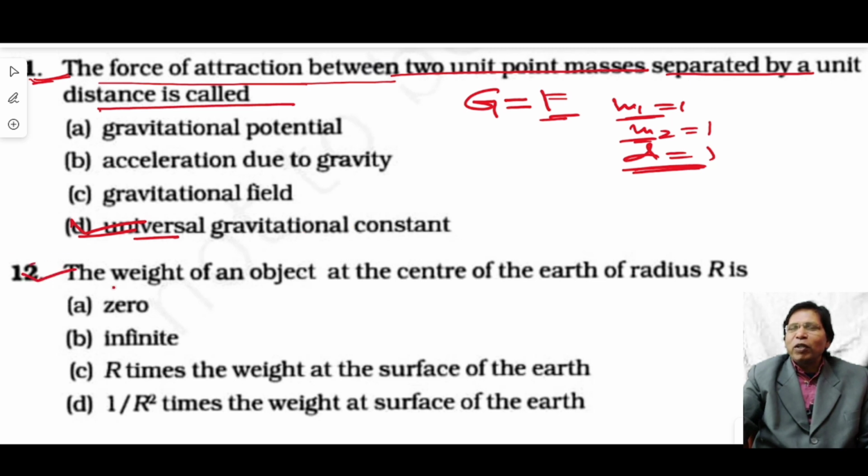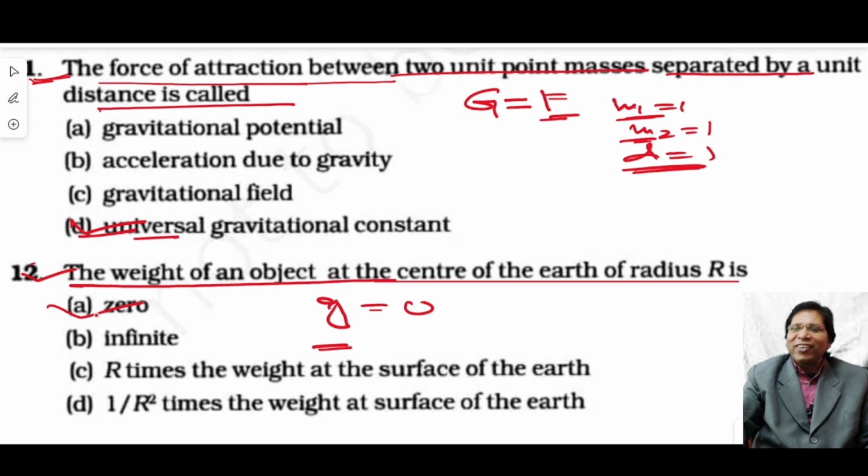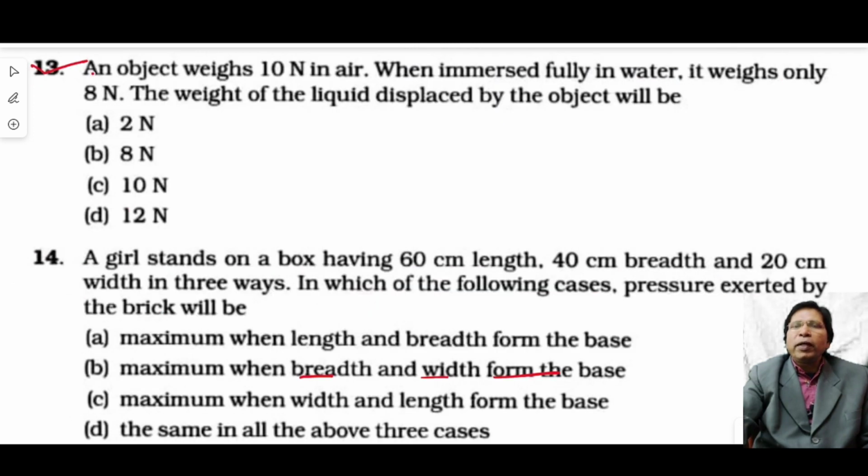Now question number 12. The weight of an object at the center of the earth of radius r is, look at this, the acceleration due to gravity at the center is 0. So obviously the weight of an object at the center is 0. Okay. Now question number 13. An object weighs 10 Newton in air.